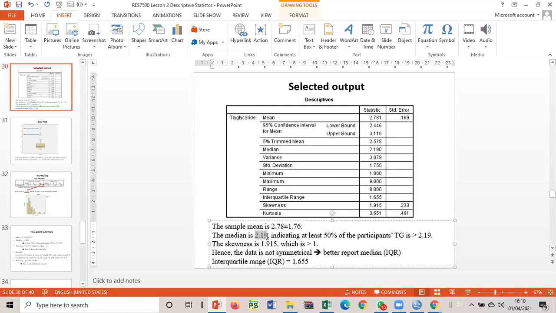At least 50% of the participants have TG more than 2.19. The median is the center 50%. Skewness more than 1, data is skewed to the right. So these three are the main points.